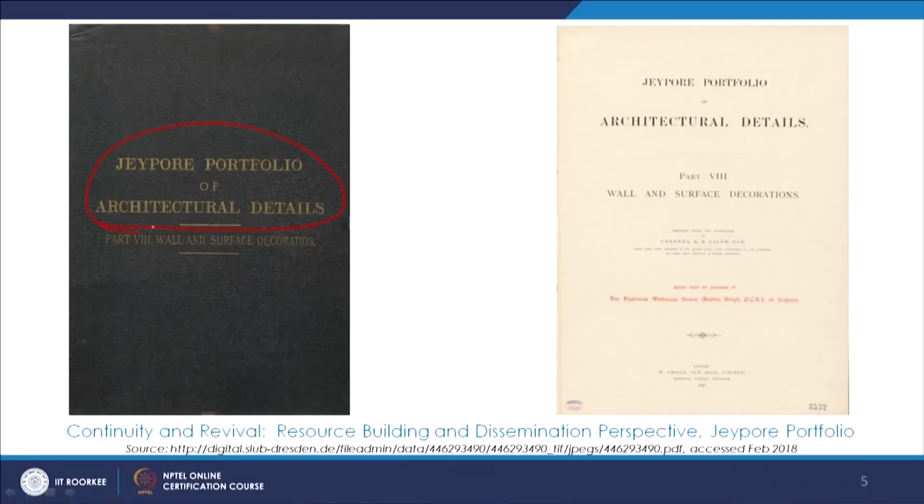So here, like what is seen on the slide, is this Jaipur portfolio of architectural details cover, and this part focuses on the wall and surface decoration. So related to this part, there are a lot of drawings and details on scale which have been documented and preserved and disseminated through this very rich inventory, and which has taken a lot of effort to get compiled and collected.